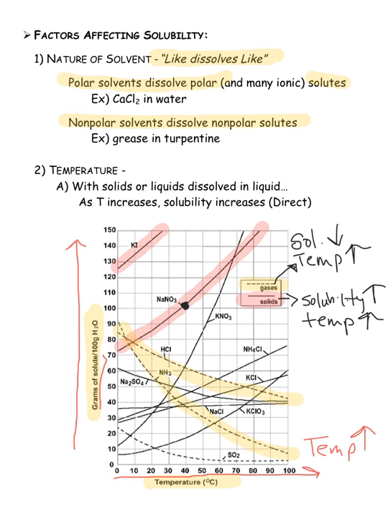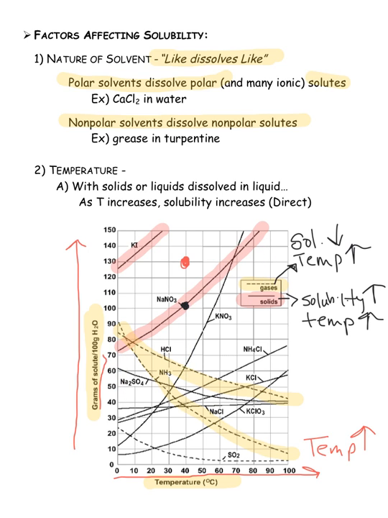But what if my point is up here? Okay, at this point, at 40 degrees Celsius, same temperature, I didn't change the temperature, but what I did do was I added more solute. I added more sodium nitrate. So now I have 130 grams, and we are way above where the line of saturation is.